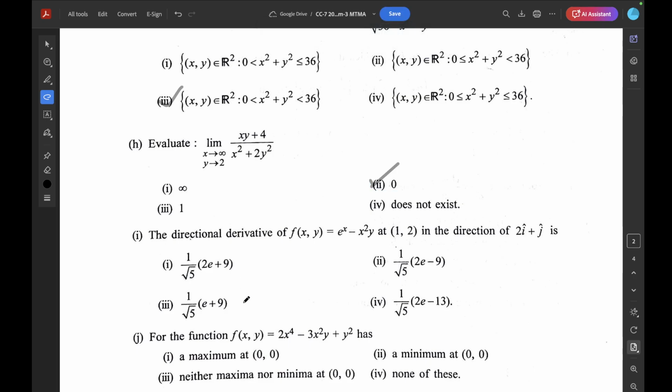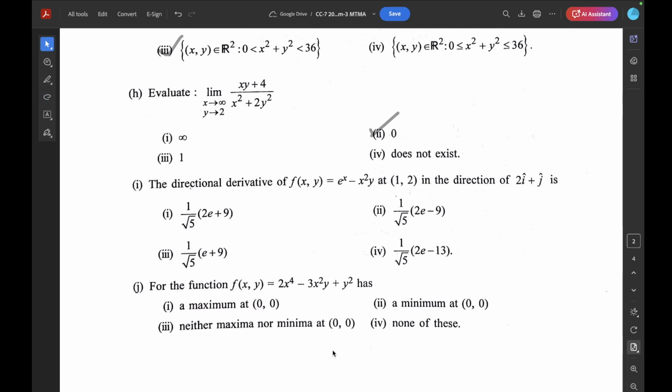Next question I. The directional derivative of f(x, y) equal to e to the power x minus x square y at the point (1, 2) in the direction of 2i cap plus j cap is what?